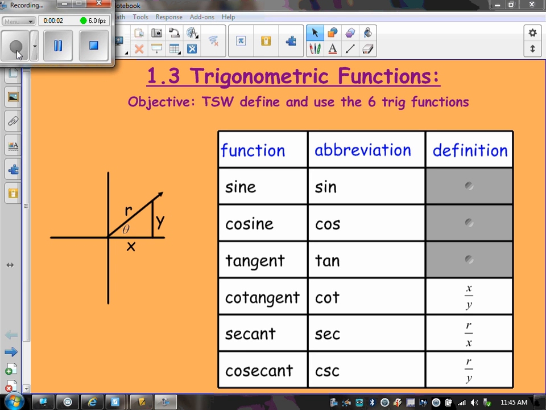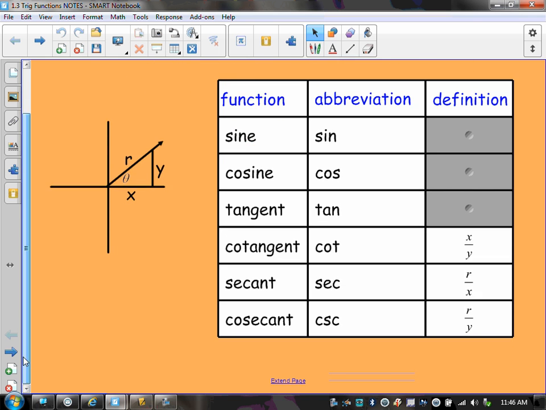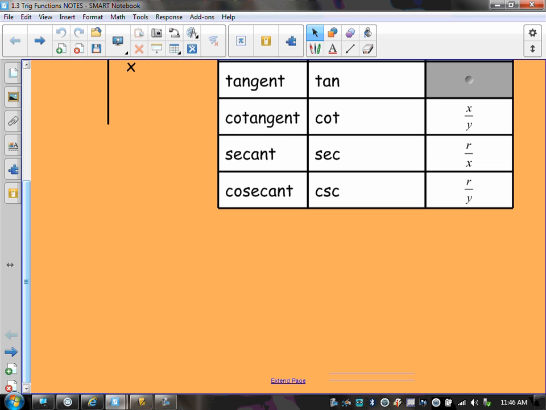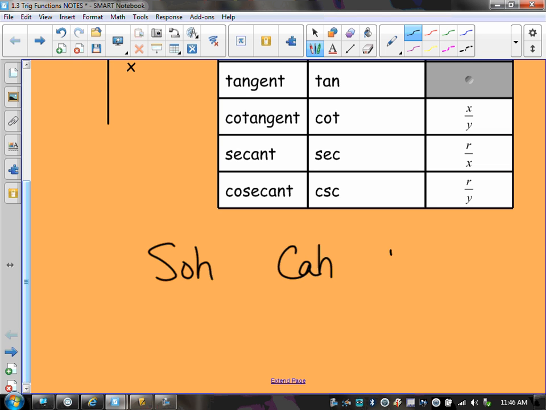Okay, here's section 1.3. We're going to start getting into trigonometry, where we start talking about sines, cosines, and tangents. Most of you have heard of SOHCAHTOA, right?